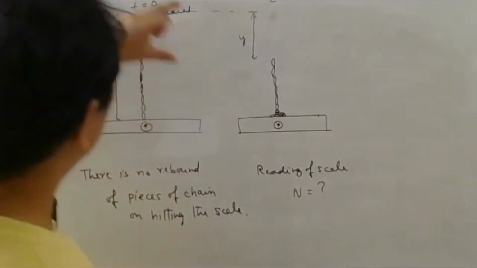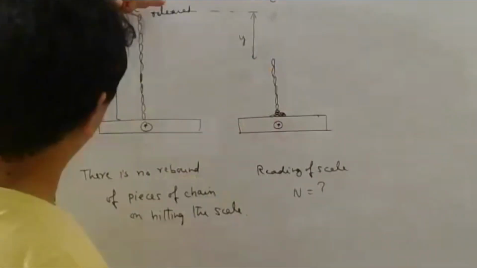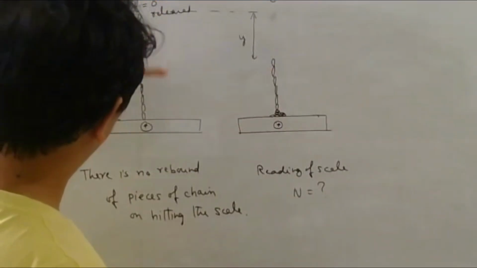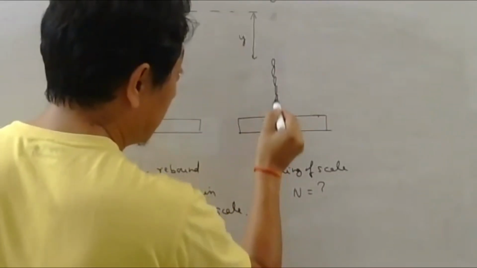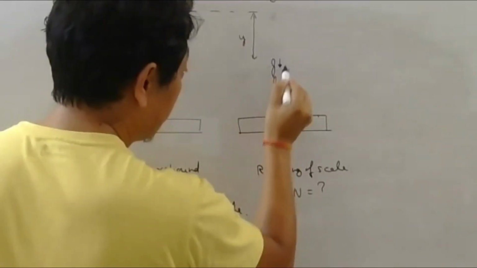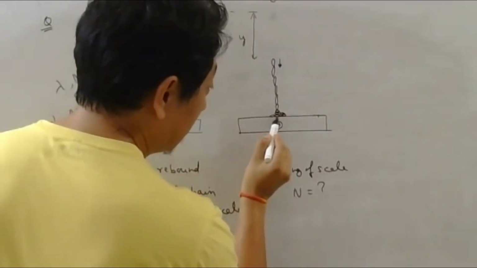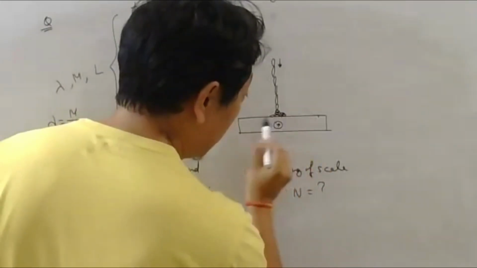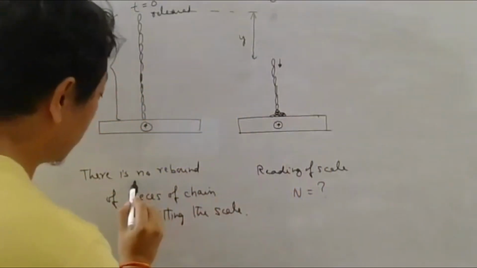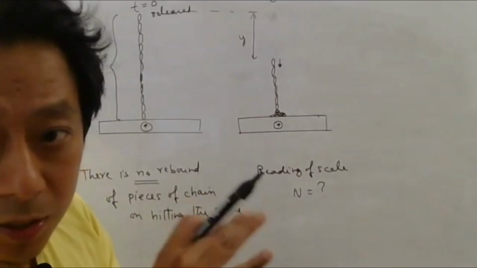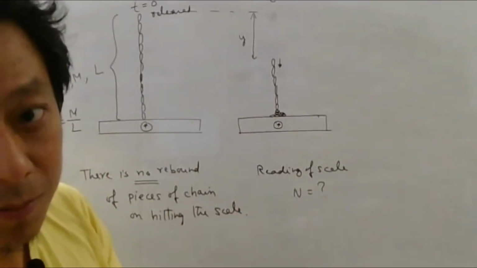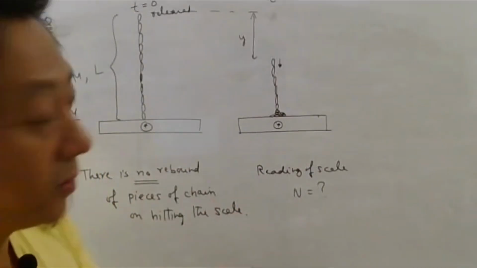Okay students, now tell me, as the chain falls, when it reaches here, what is the speed of these links which are going down? Of course, these pieces have already hit the scale, and according to the question, they don't rebound. So they undergo a perfectly inelastic collision and stop.